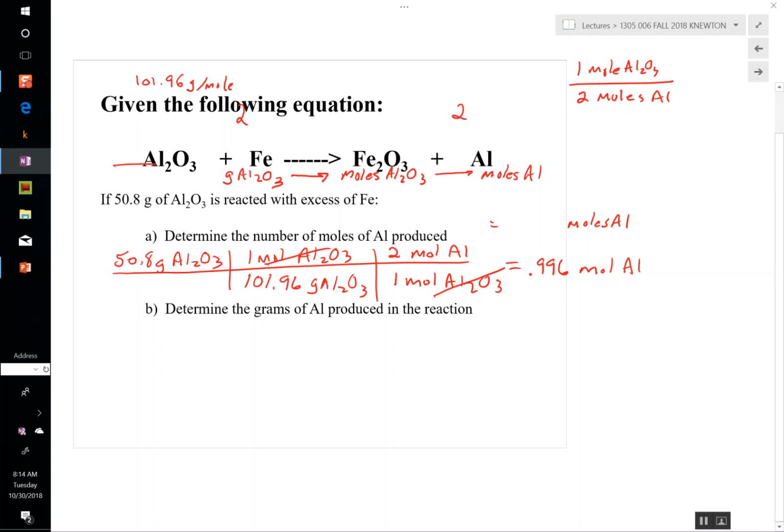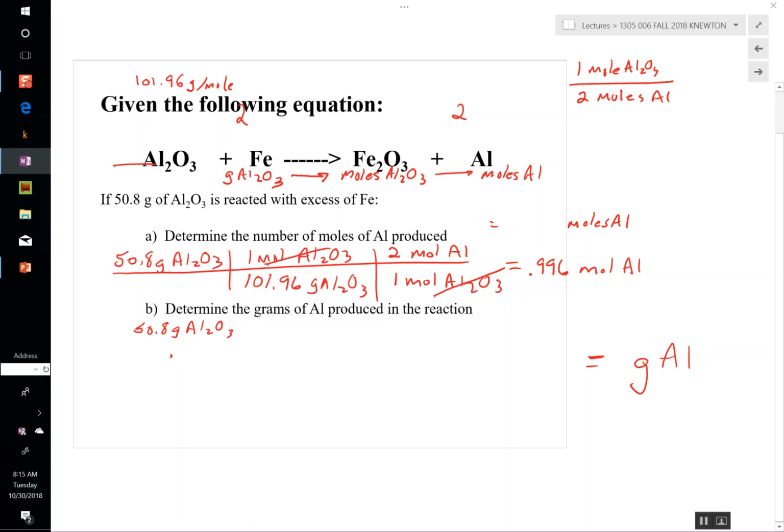Okay, now let's go on and look at part B here. Determine the grams of aluminum produced in the reaction. Grams of aluminum. Now to get to grams of aluminum from 50.8 grams of aluminum oxide, what are you going to do?